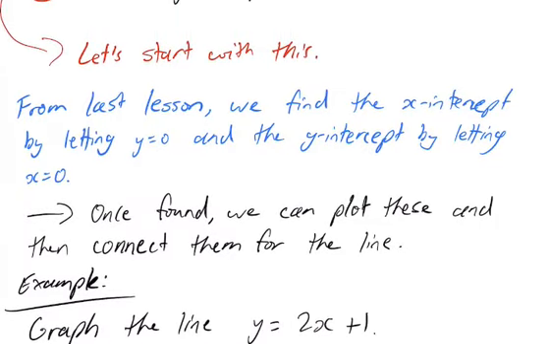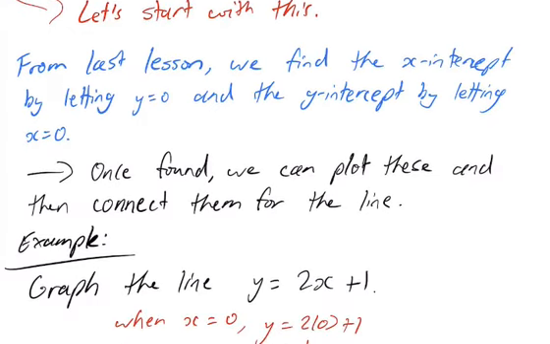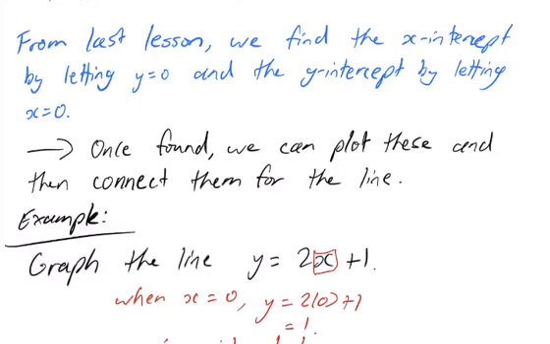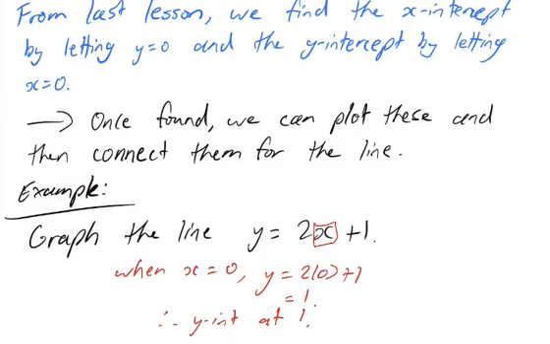We want to find the x and y intercepts, so let's start with the y-intercept, which we get when x equals 0. Substituting, y equals 2 times 0 plus 1. 2 times 0 is nothing, plus 1 gives us 1. So our y-intercept for this equation is at 1.